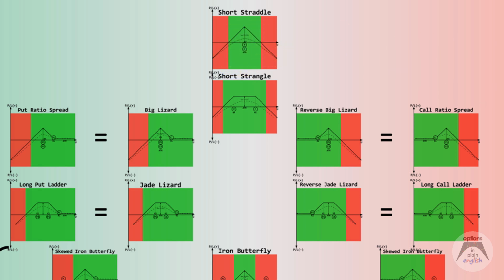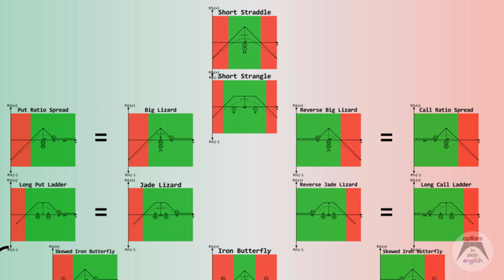And if you have a very high level of implied volatility, you would be looking at mean reversion at some point, and you want to take advantage of the highest Vega that you can get. And the highest Vega that you can get is right at the money. That's why if you go with a short straddle, you're going to capture the highest Vega that you can get in terms of a premium selling strategy.